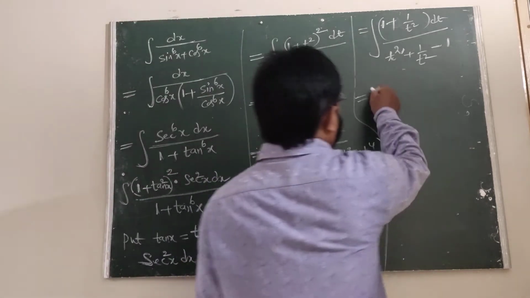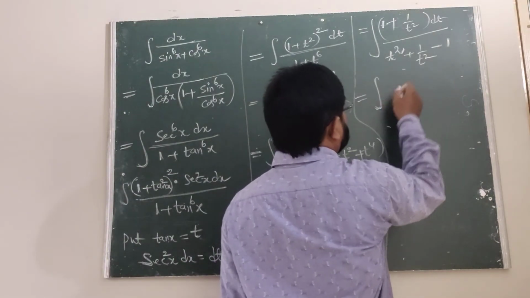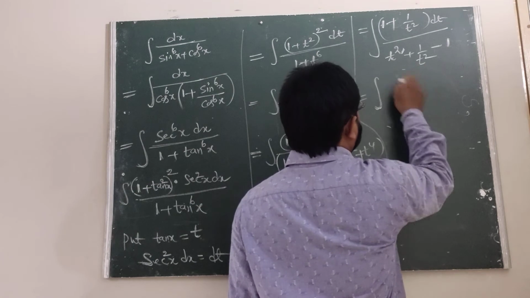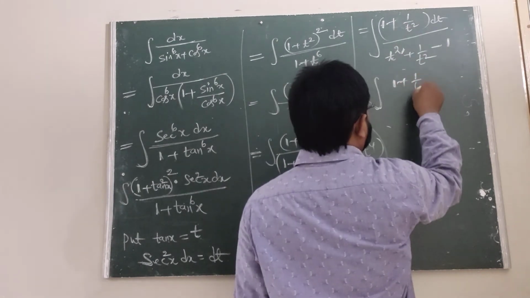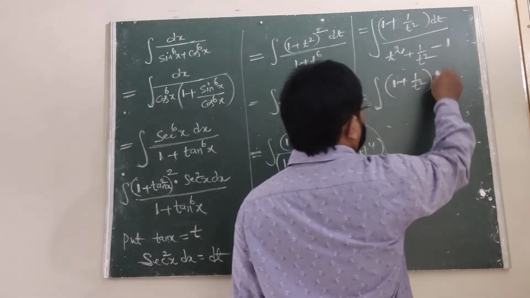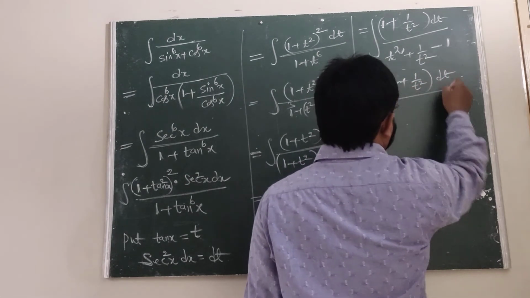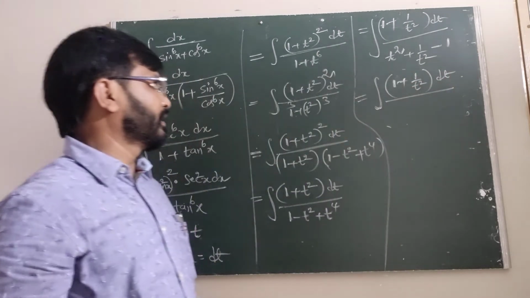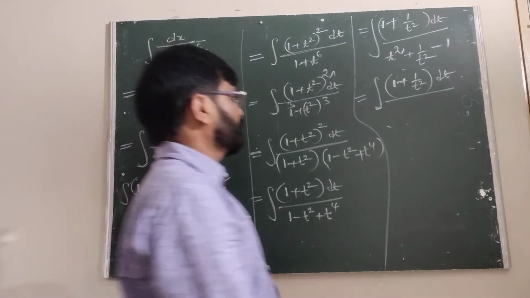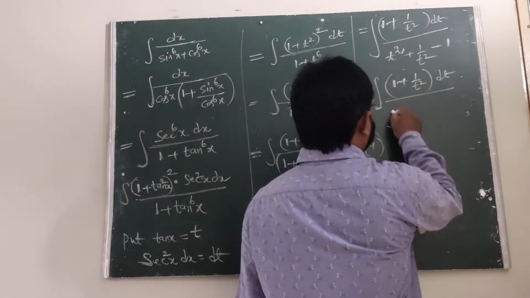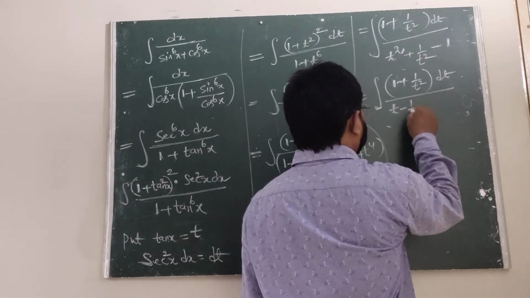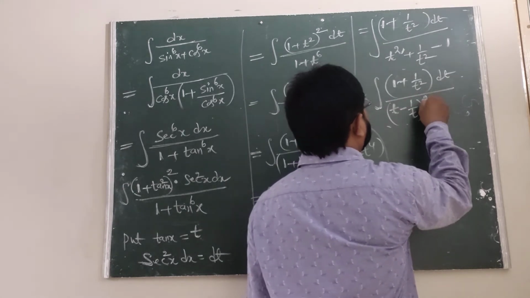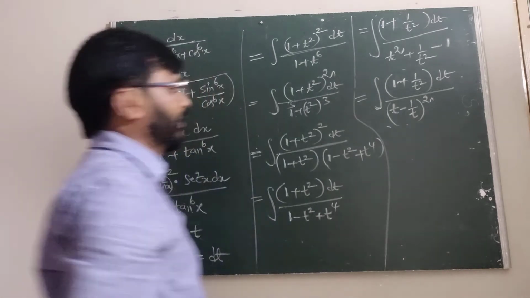Now we can arrange the denominator as 1 plus 1 by t square dt, and the denominator can be written as t minus 1 by t whole square.